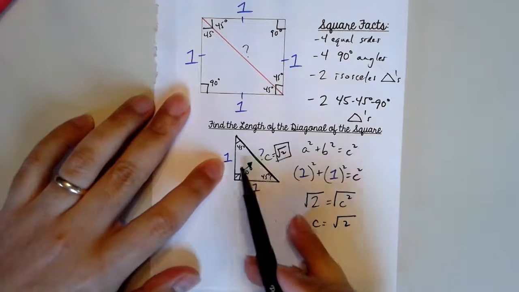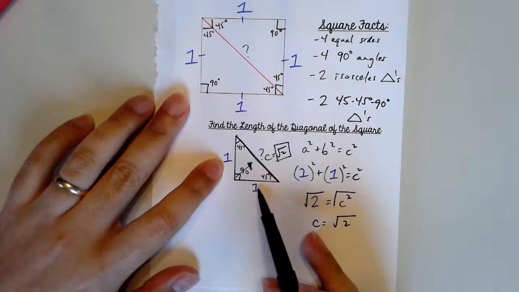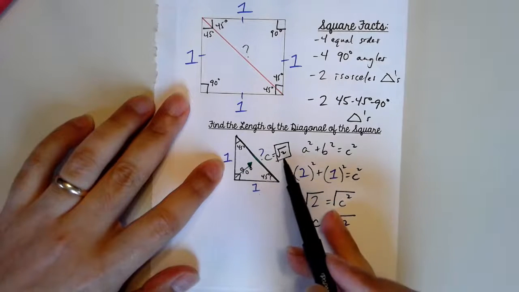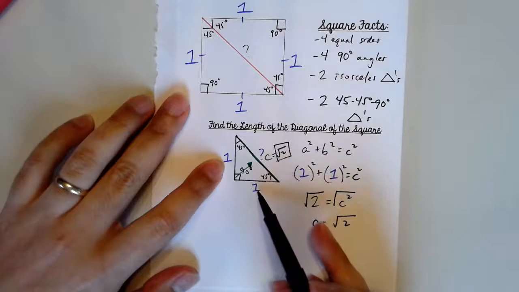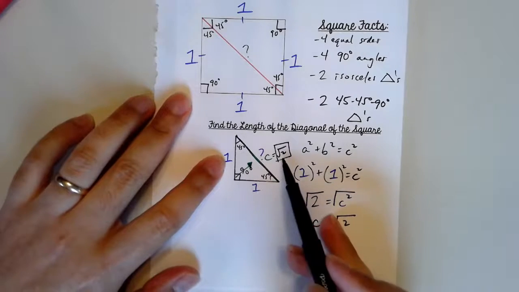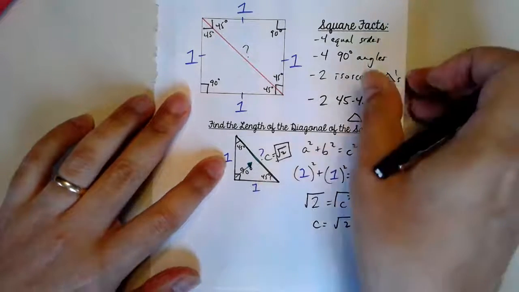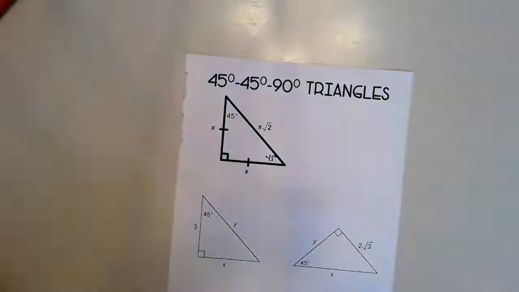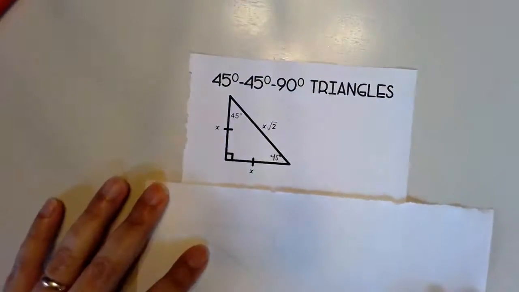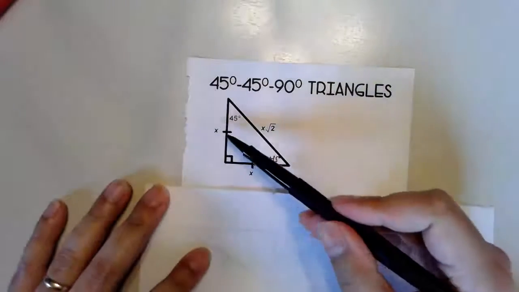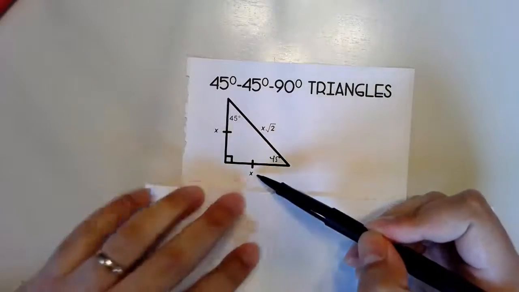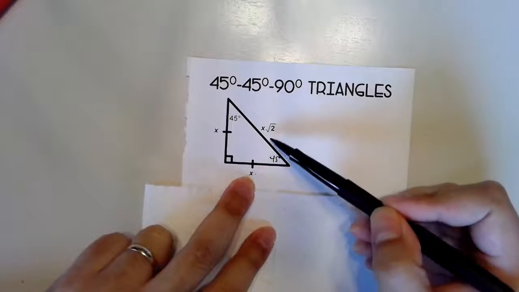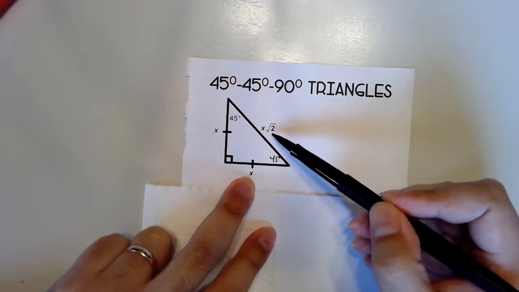This guy is 1, this guy is 1. So it's 1 times root 2. If this was 2, it would be 2 times root 2. If these guys were 3, it would be 3 times root 2. Okay, so the relationship between those is always going to be, the legs are the same, and whatever the leg times root 2 will be the hypotenuse.